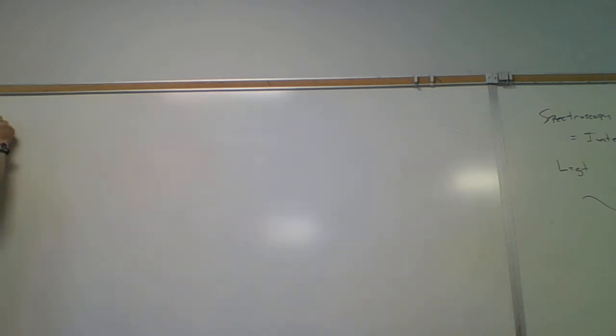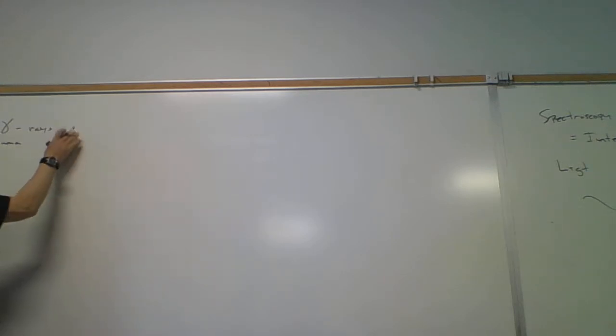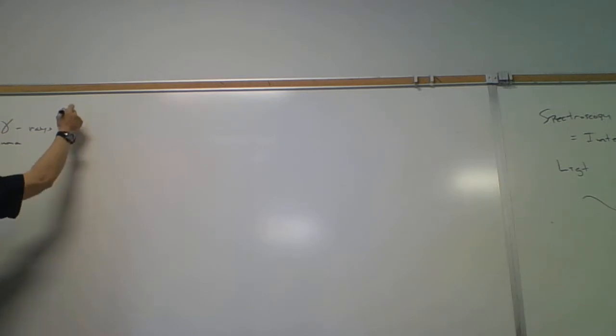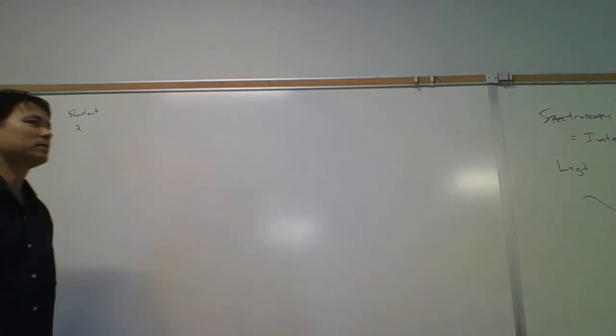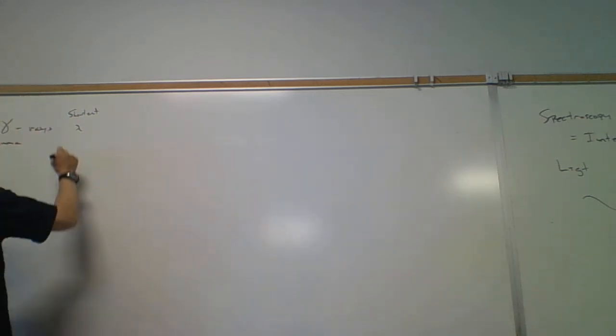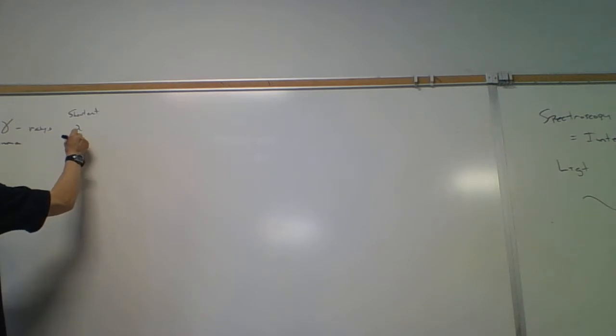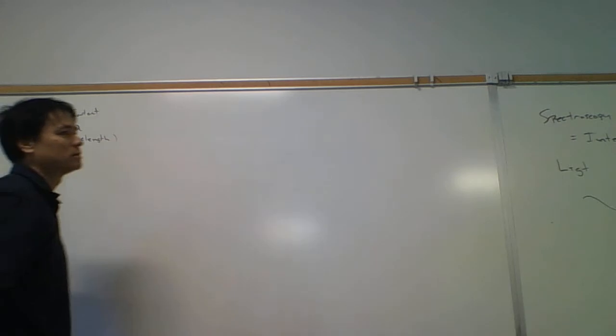Gamma has a symbol like this. Gamma rays. That's the highest energy. This is going to have the shortest wavelength, shortest lambda. Lambda is the wavelength. This is the symbol we give to wavelength. Just the peak to peak distance.